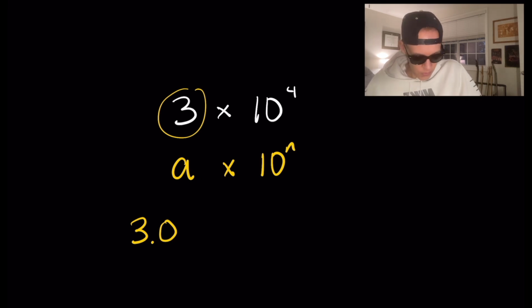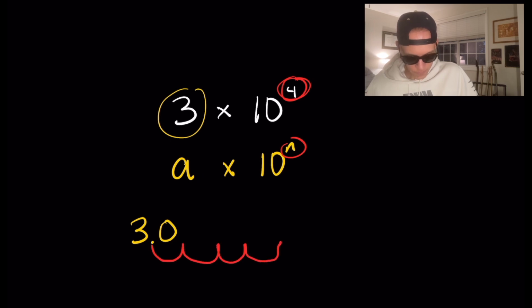The next thing we're going to do is move this decimal to the right this many times, or whatever n is. We're moving it to the right because in this case, n is positive. It's a positive 4. So I'm going to take my decimal and move it 1, 2, 3, 4 places to the right.